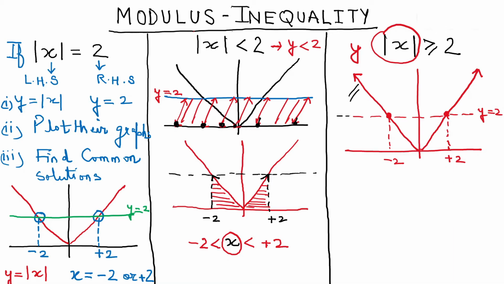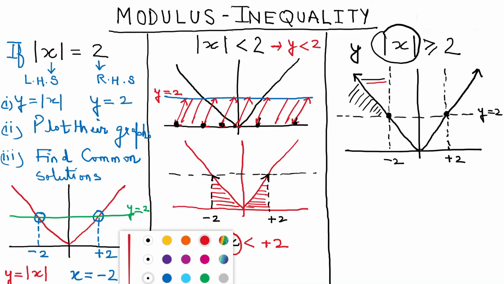So do we shade this area, or do we say, let me extend this line, and then eventually we are shading this area.